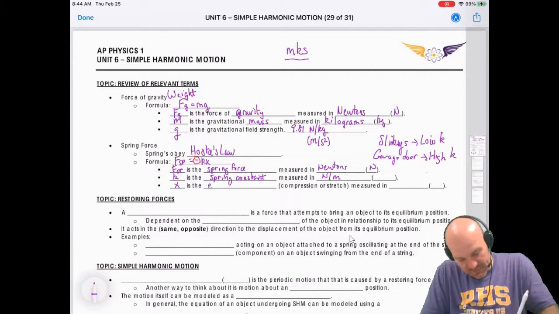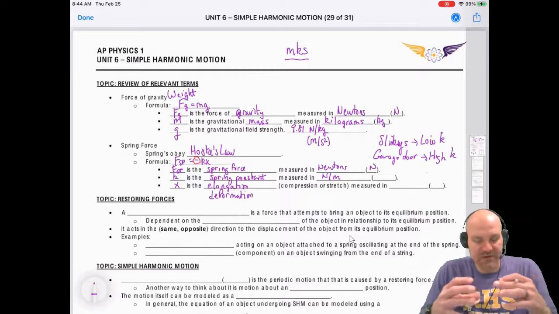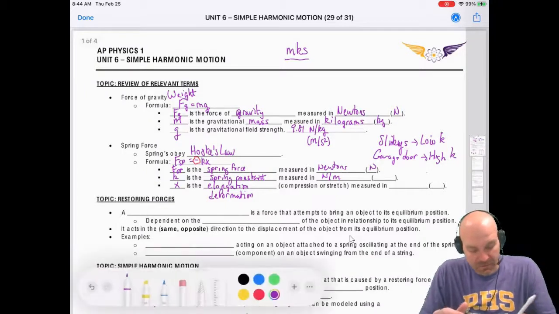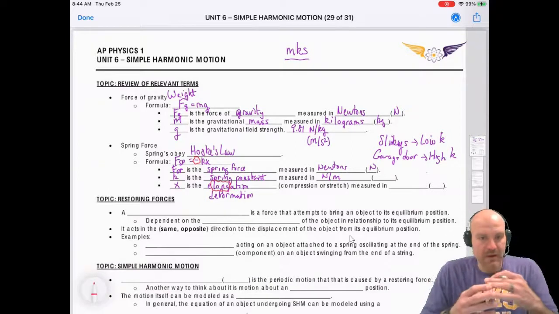x is what we call elongation. Sometimes you'll see it written as deformation. The way to think about this is like acceleration, where acceleration is the whole process of accelerating, so speeding up, slowing down. Elongation is the whole process of stretching or compressing. The reason people only want to pigeonhole it to be stretching is because of that word long in there.